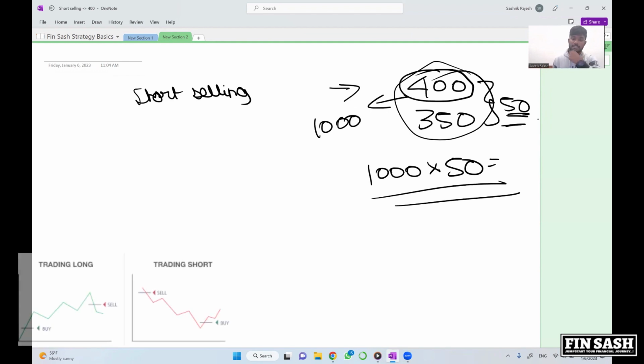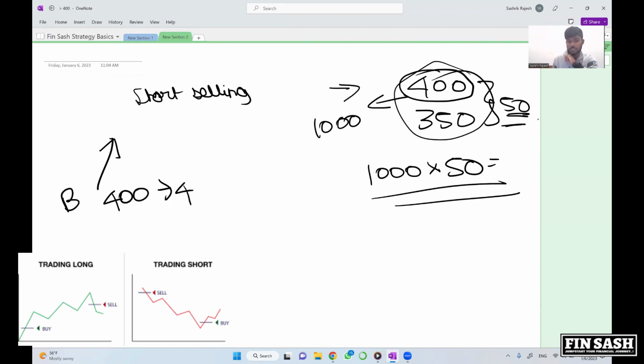So in the previous example, we thought the market's going up. So we bought it at 400. And when it reached 410, we sold it. And we held it for 10 points multiplied by our quantities. In the next example, I think that Tata Motors might come down.